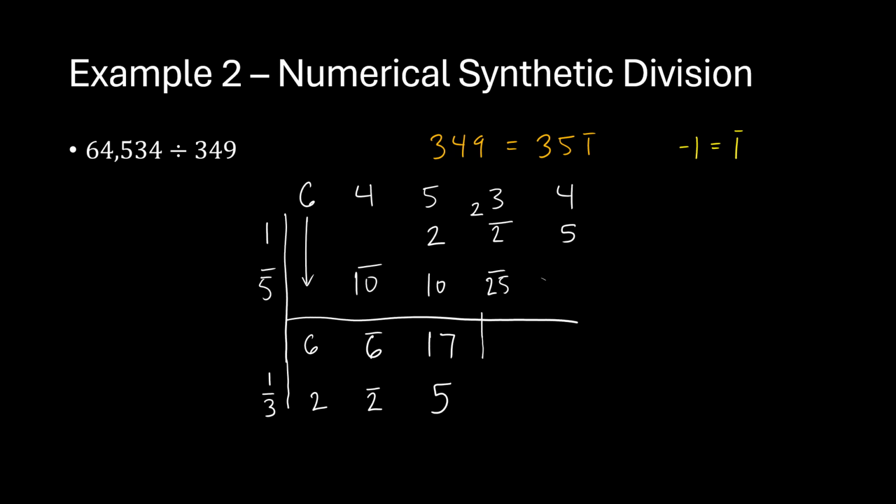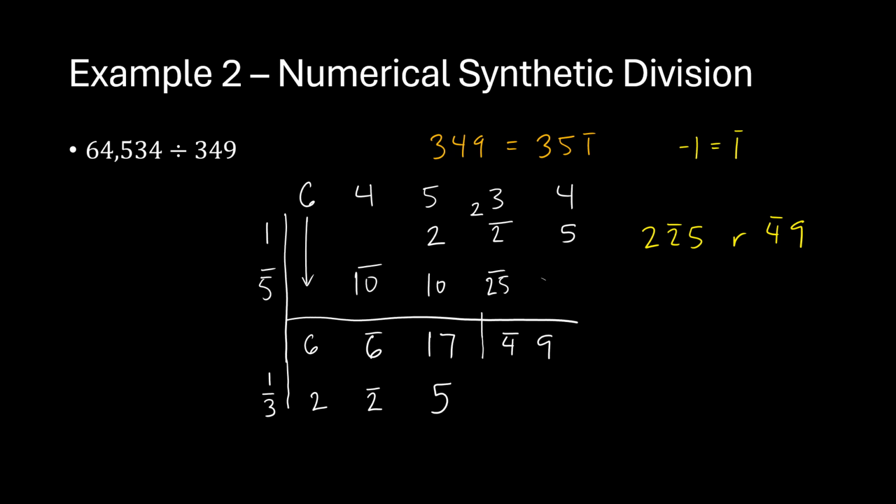So that's 23, -27, so that's -4. And then 4 plus 5 is 9. So the answer is 200, -20, +5, with a remainder of -40, +9.